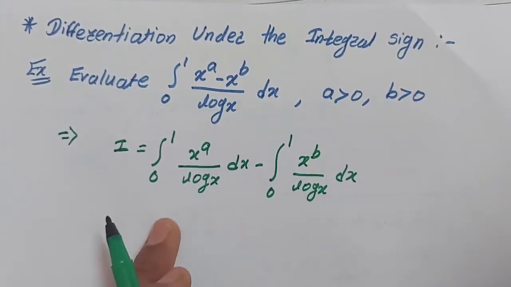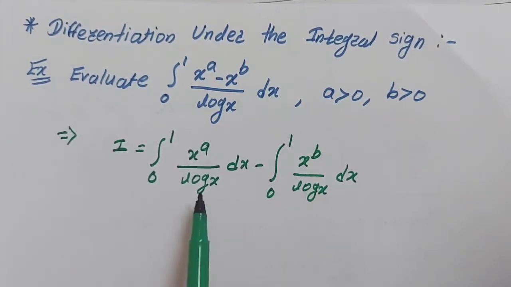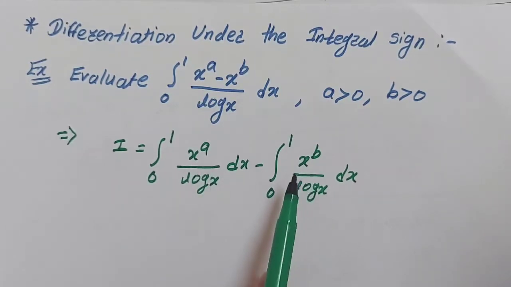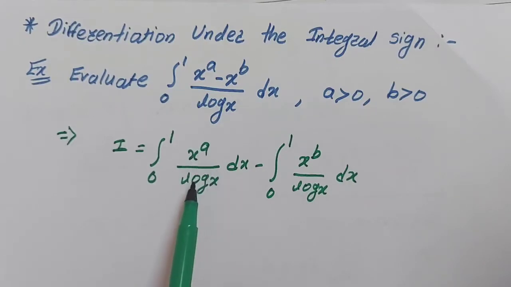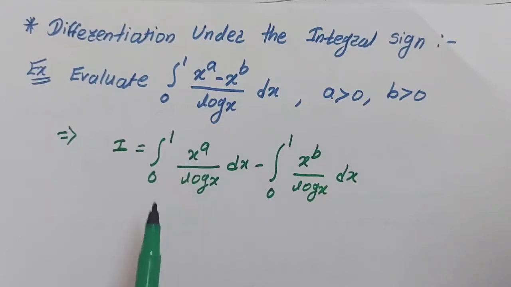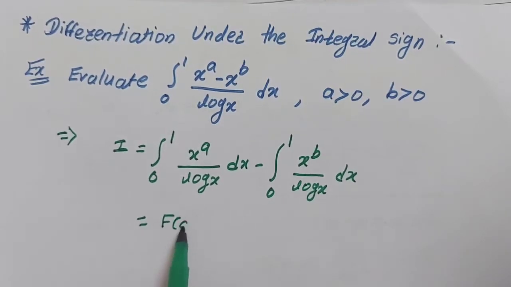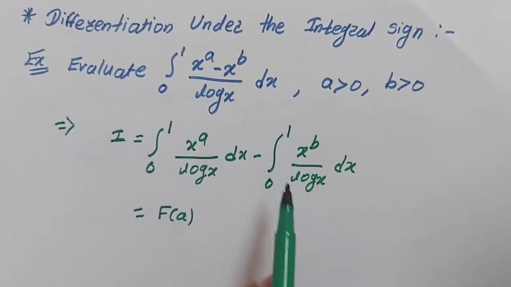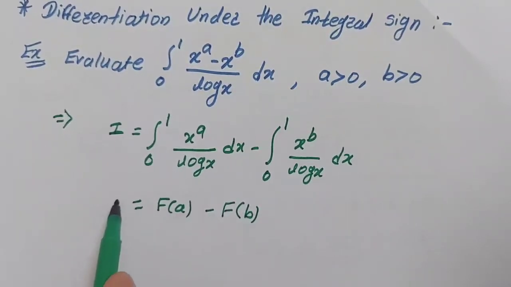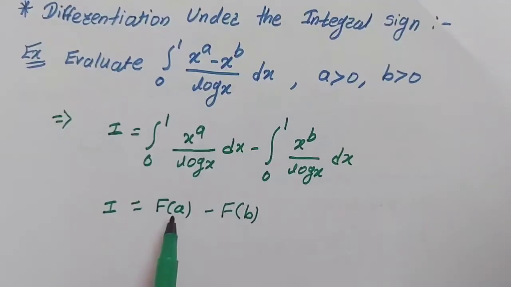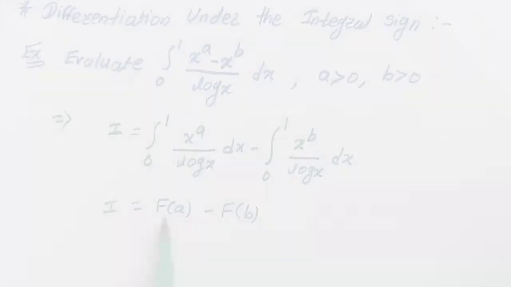Now see here, the first term is a function of x and a, and the second term is a function of x and b. After integration, if we put the limit 0 to 1 in x, then this is only a function of a, so we can write it as F of a, and the second term is a function of b. So our given integral I is nothing but F of a minus F of b.